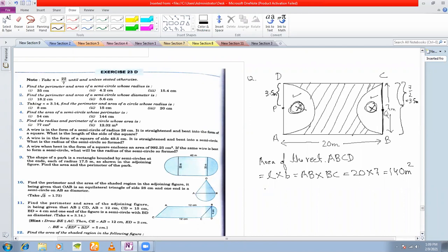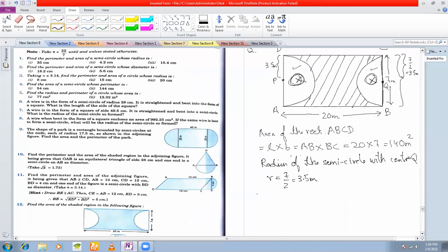So we'll find area of one semicircle and multiply it by 2 simply. So let us first find out the area of the semicircle with center Q. Let's note down the radius first. Radius of the semicircle with center Q, say R, is equal to 7 by 2, which is 3.5 meters.